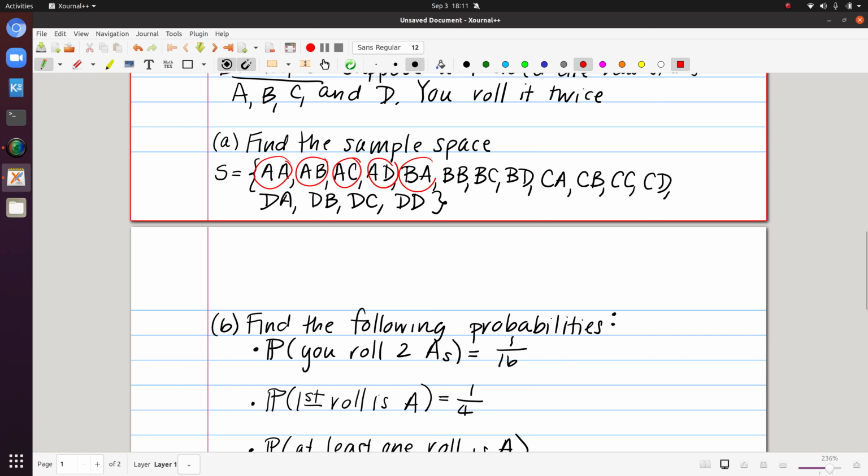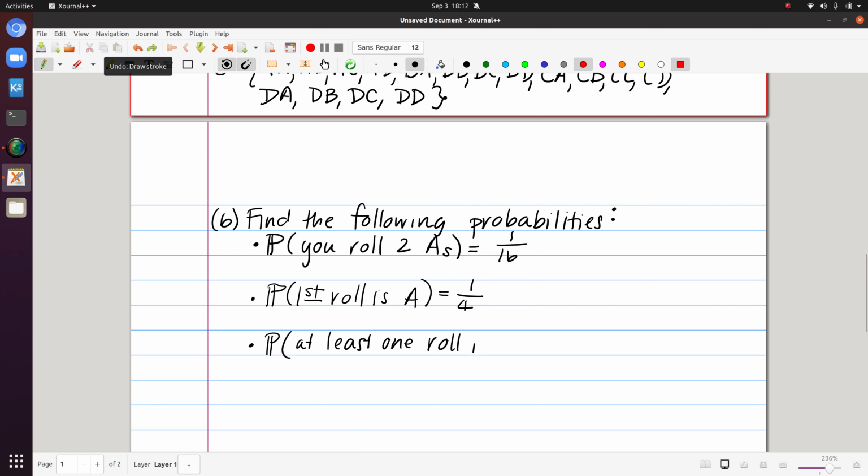So I also have BA, CA, and DA. So notice that that gives me 7 out of my 16 possible. And so again, that gives me 7 out of 16.